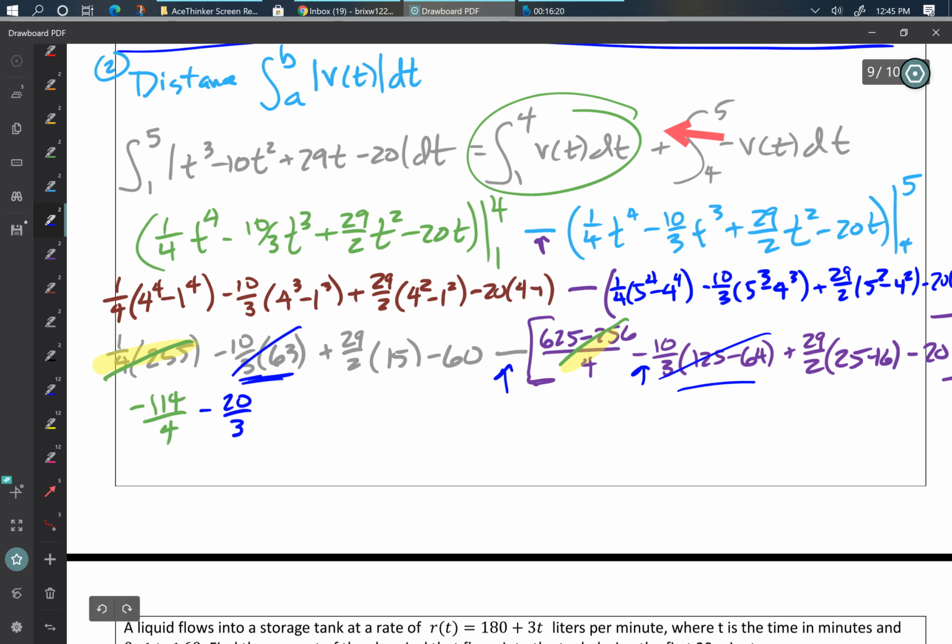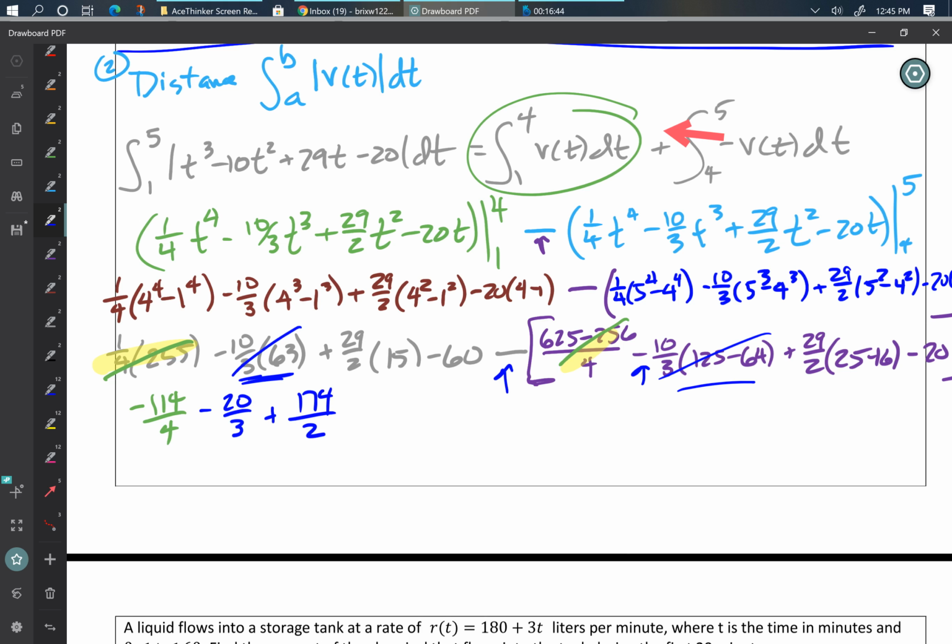Now I got halves. 25 less 16 is 9. So I have 15 minus 9, that's 6. So 6 times 29 gives me 174 halves. Okay?